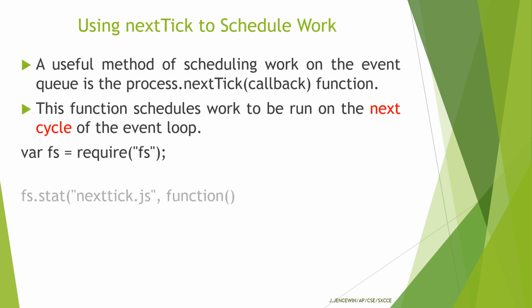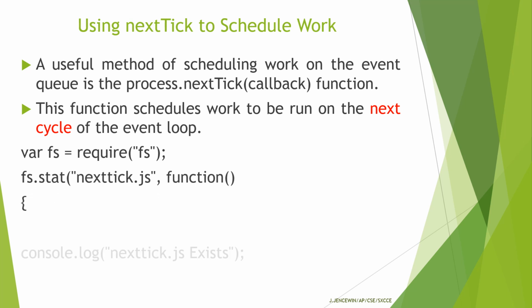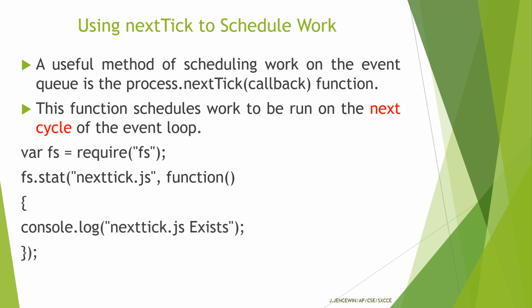Here we have one example, the IO function. This is the first tag. First we include the module fs, which provides the functions for handling IO requests. Here we have one function, stat, which is used to get the status of a particular file.